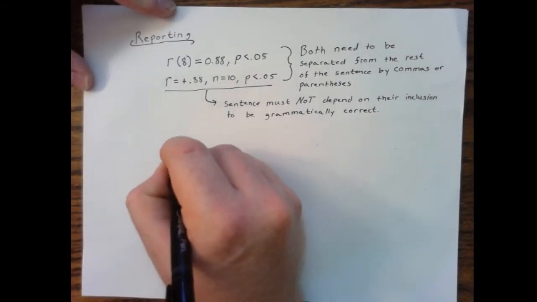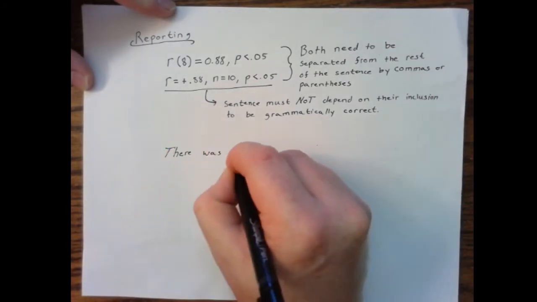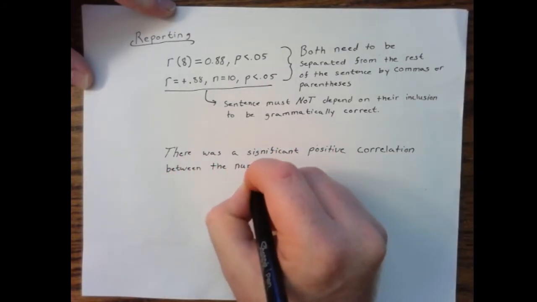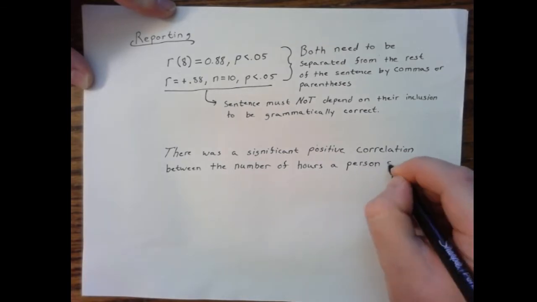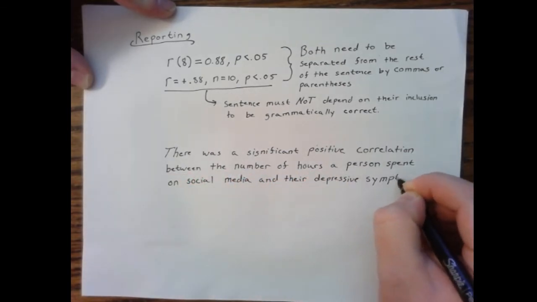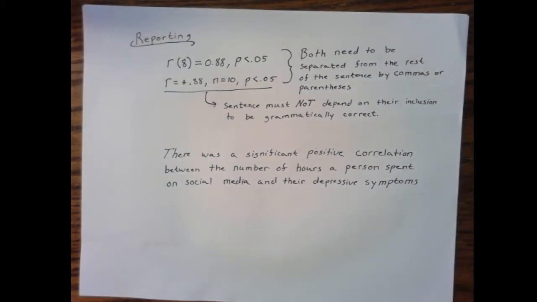So, as an example, using this one here: there was a significant positive correlation between the number of hours a person spent on social media and their depressive symptoms. Now, some things to point out.